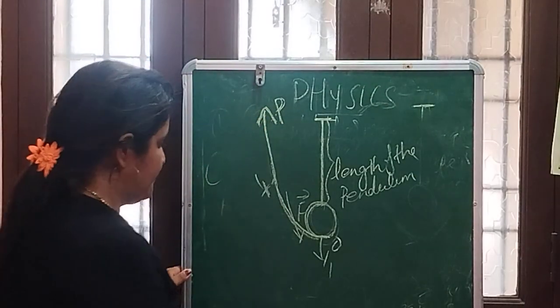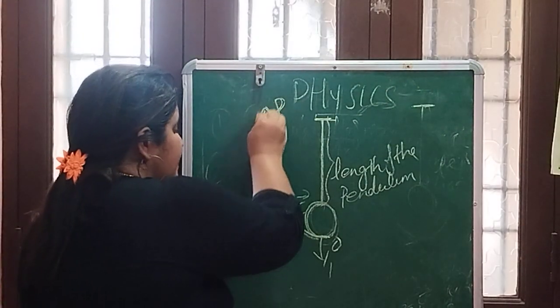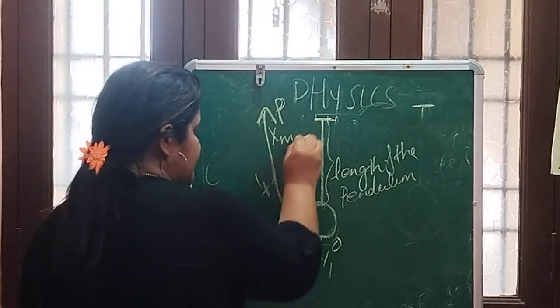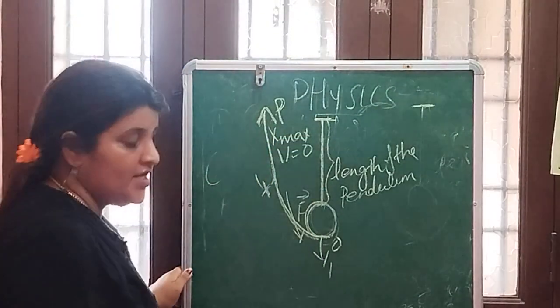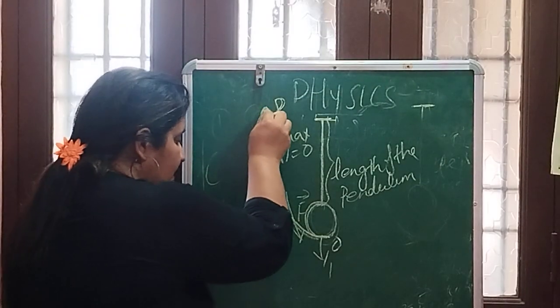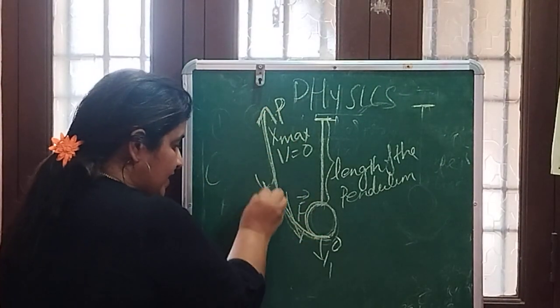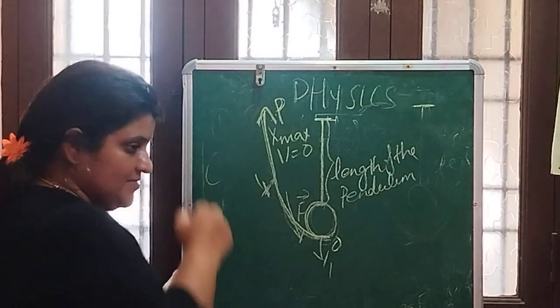at this extreme position P, the displacement of the bob will be maximum and the velocity of the bob will become 0. At that point, the bob will come back to the equilibrium position O by reducing that displacement x.